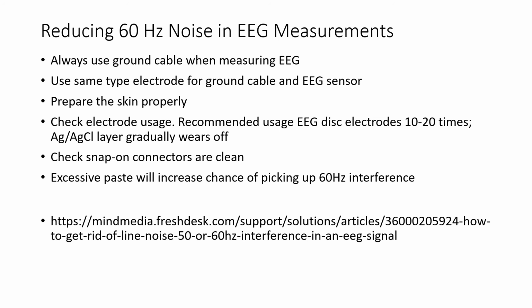After a period of time, the silver chloride layer will wear off. Always check, make sure the connectors are clean, and avoid using excessive paste, in that this will increase the chance of picking up 60 hertz interference, again, mainly from the fluorescent lights in the room.